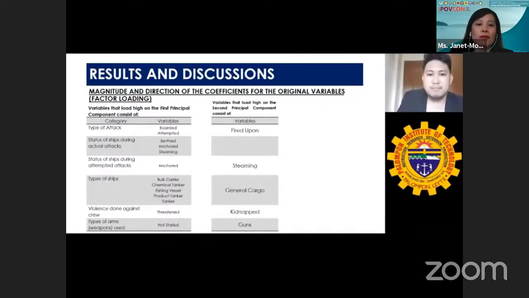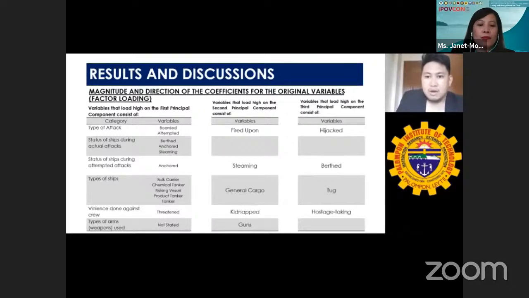Variables that load high on the second principal component consist of, under type of attack, fired upon; under status of ships during attempted attacks, steaming; under type of ships, general cargo; under violence done against crew, kidnap; and under type of arms used, guns.